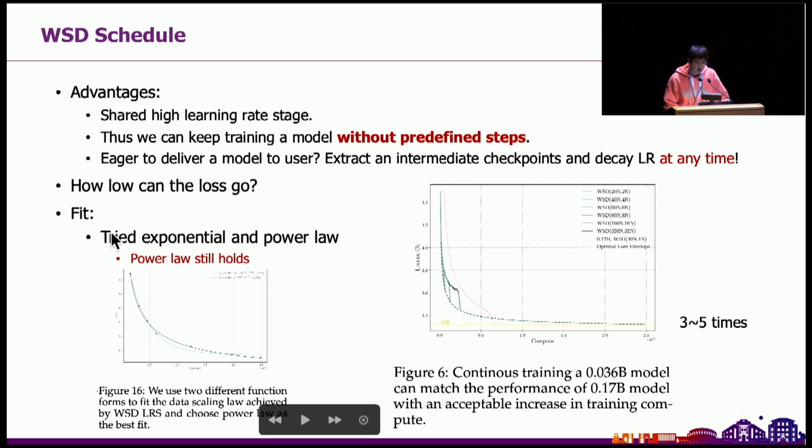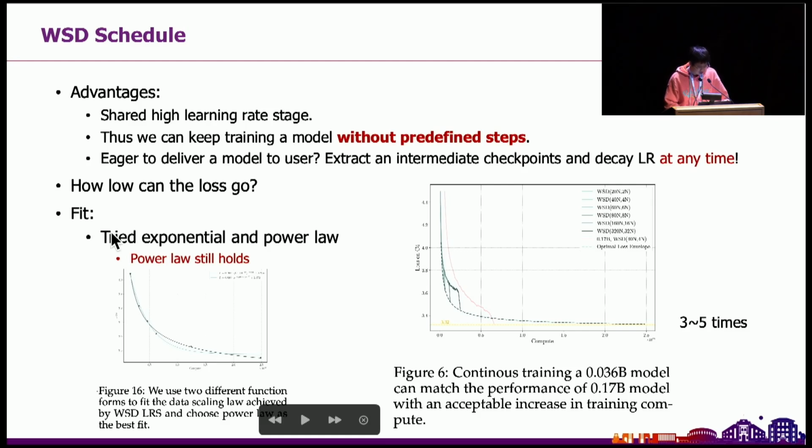And when you are eager to deliver the model to the user, you can extract an intermediate checkpoint and decay the learning rate at any time. So when we keep training the model continuously, how low can the loss go?